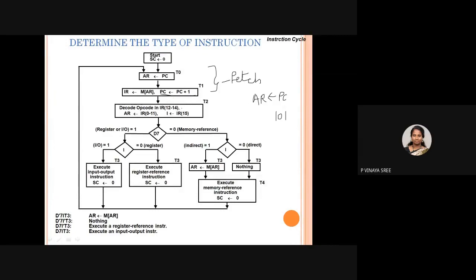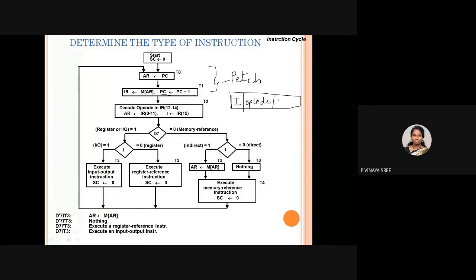Next is decoding. For decoding, you must understand the concept called instruction format. Again I'm repeating so that it will be very clear for you all. The instruction format has three parts. One is I, which is the mode. The other one is the opcode, which is the operation code.